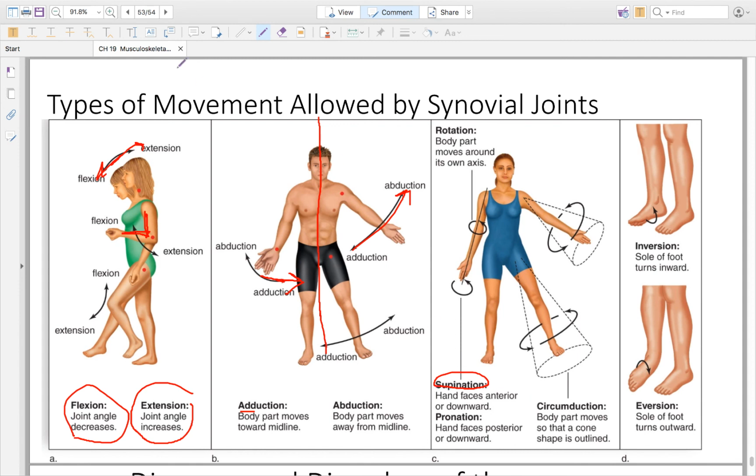So supination and pronation. Inversion is when you turn the sole of your foot inwards. Eversion is when you turn the sole of the foot outwards. Inversion and eversion is not just in reference to the foot, by the way. It's just describing types of movement.